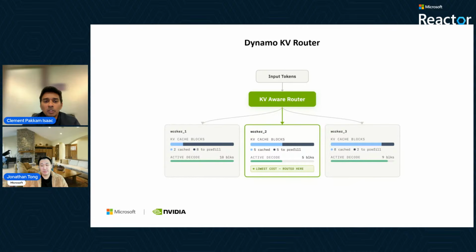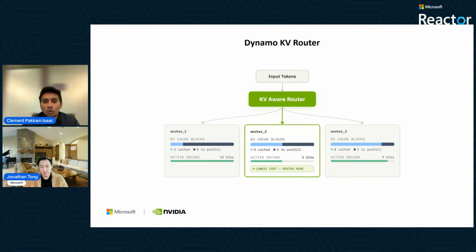When it comes to sending the request to the right worker, it is not always about finding the worker with the best cache hit rate, because that might negatively affect latency. Worker three has the best cache, but when it comes to decode, it becomes a bottleneck.